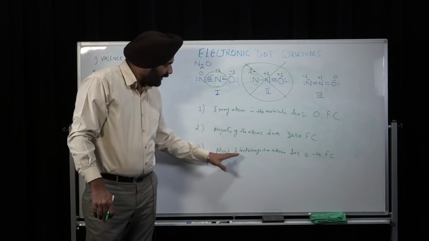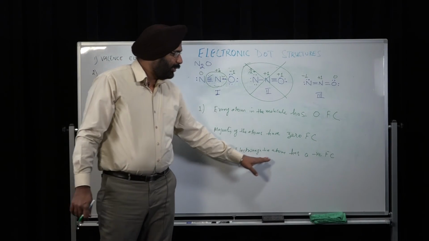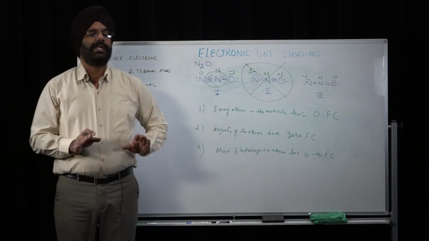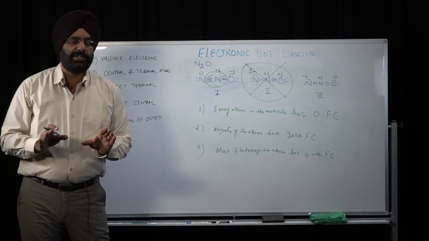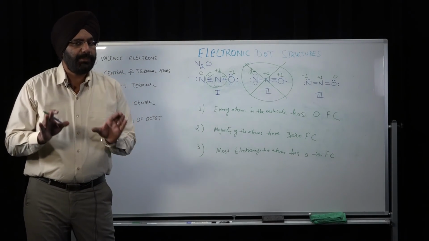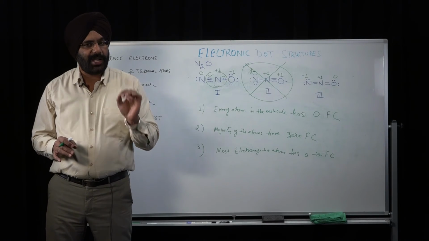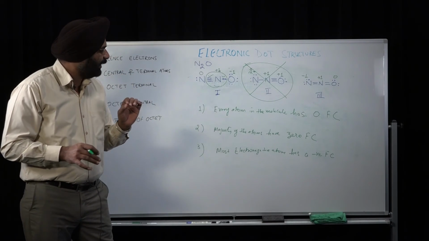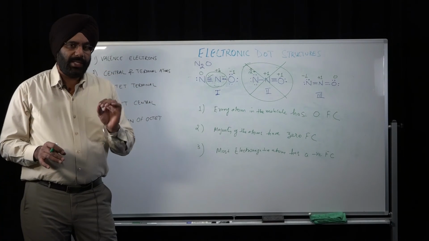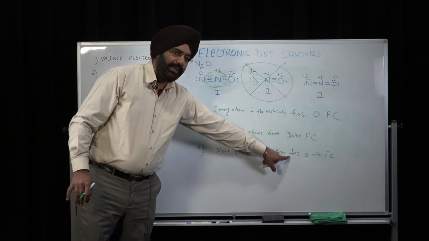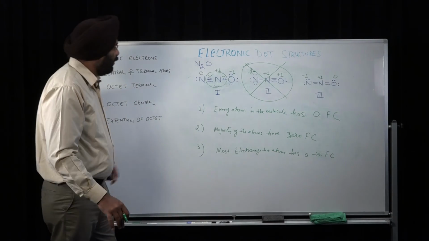So the actual electronic dot structure will be a structure where the highest electronegative atom will have a negative formal charge.